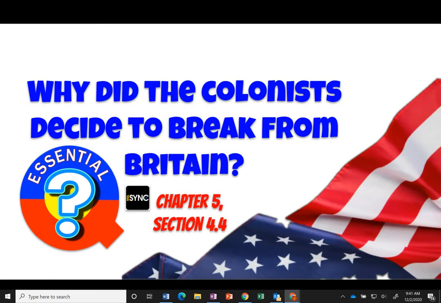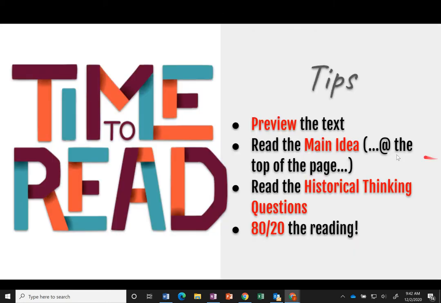Now, we're still answering the question, why did the colonists decide to break from Britain? Chapter 5, section 4.4. This is the last lesson from chapter 5 that'll help you completely answer this if I asked you to write it in a constructive response. Now, don't forget to read this. Preview the text.